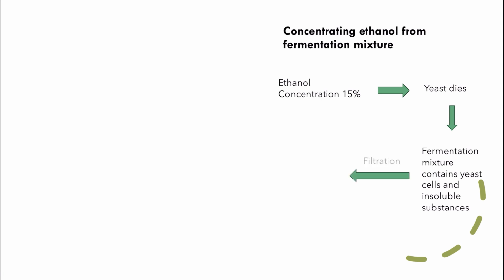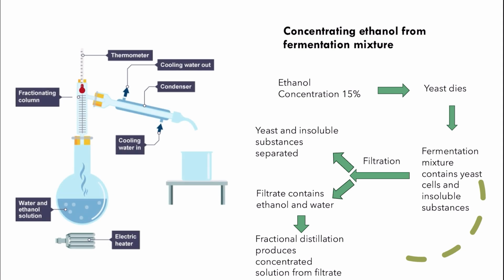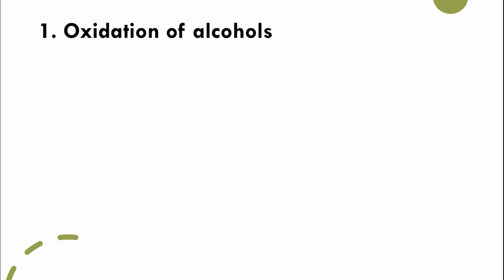You need to separate these by filtration, where the yeast and insoluble substances are removed, and then the filtrate contains ethanol and water. Then you concentrate the ethanol by using fractional distillation, which will give you concentrated ethanol. We can use fractional distillation because the boiling point of ethanol is less than the boiling point of water.